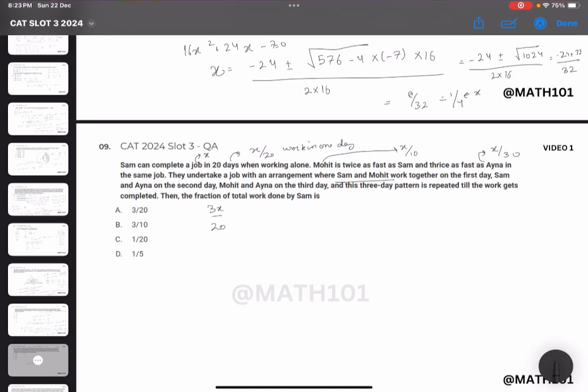On the second day, Sam and Aina do the work together, so x by 20 plus x by 30, which becomes 5x by 60 work is done. And on the third day, Mohit and Aina work together, so it's 4x by 30.